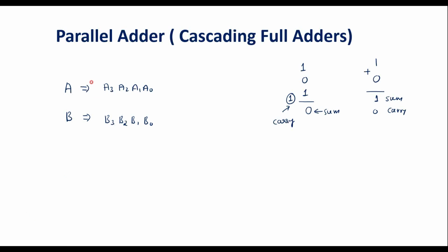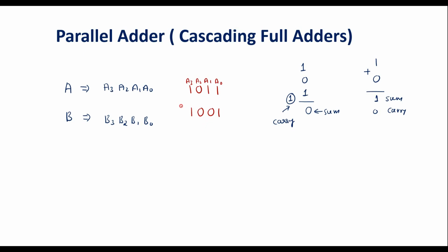I will consider the value of A as say 1 0 1 1 and the value of B as say 1 0 0 1. So in this case, this is A0 bit, this is A1 bit, this is A2 bit, this is A3 bit.